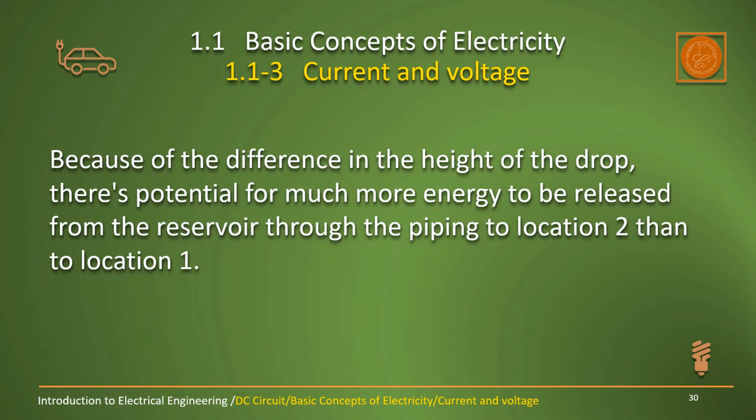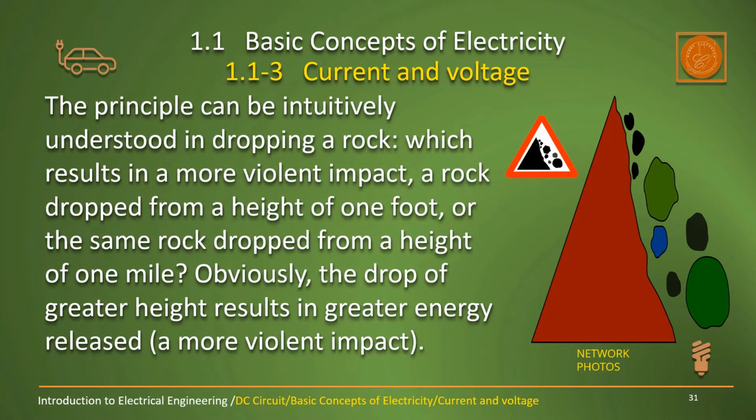Because of the difference in the height of the drop, there's potential for much more energy to be released from the reservoir through the piping to location 2 than to location 1. The principle can be intuitively understood in dropping a rock, which results in a more violent impact.